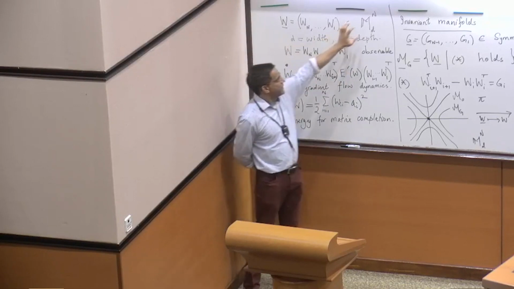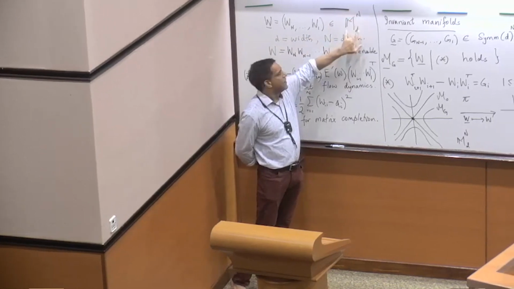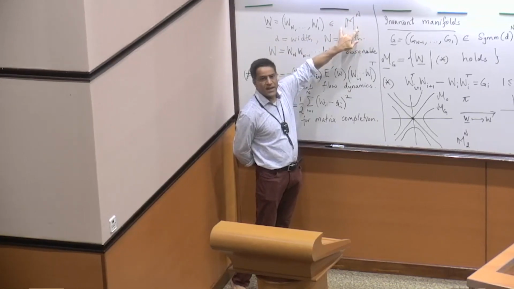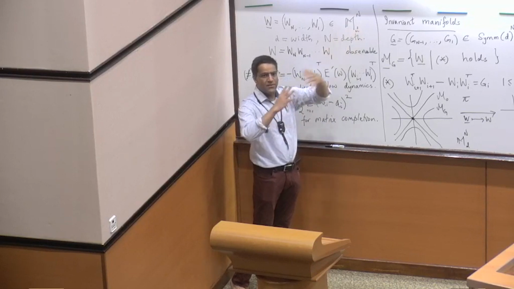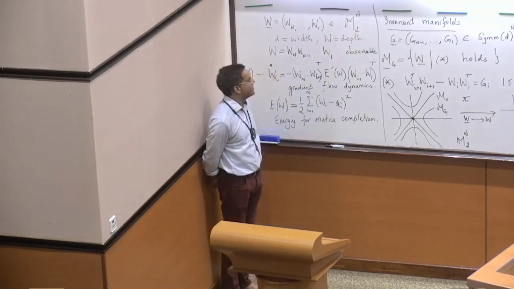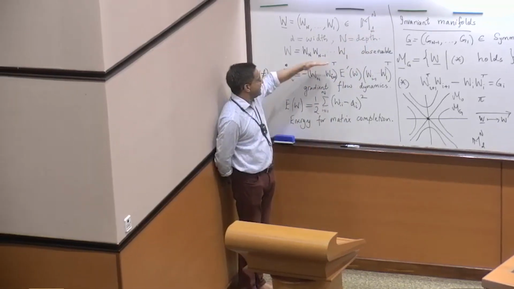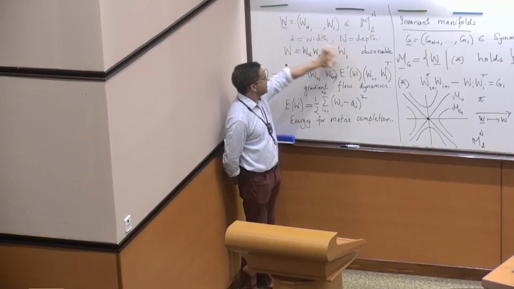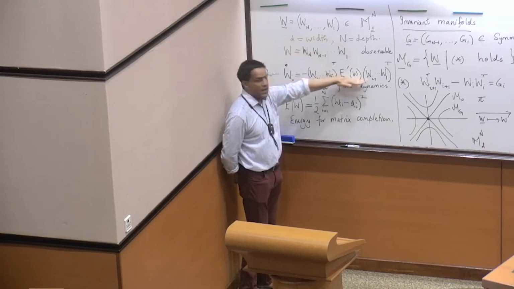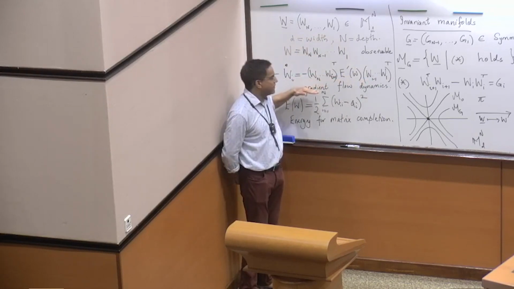And the metric is the standard metric on R^(n d squared), this big high-dimensional space of dimension n times d squared. This computation is really related to the change of variables formula over here, and that's how we get this gradient flow.